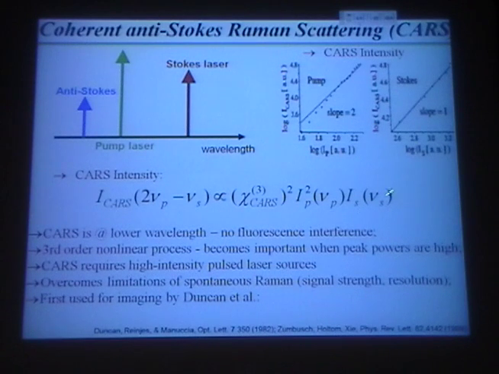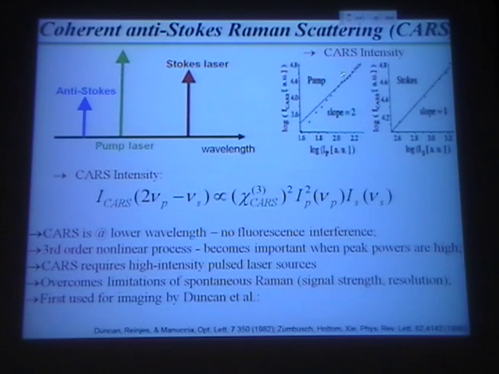And altogether, as you can see, it's intensity of excitation to the power 3, as you would expect for a third-order nonlinear process. This particular technique was introduced as an imaging technique in the end of the 90s, although spectroscopy was known back from the 50s and 60s.